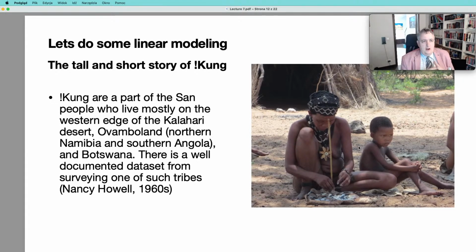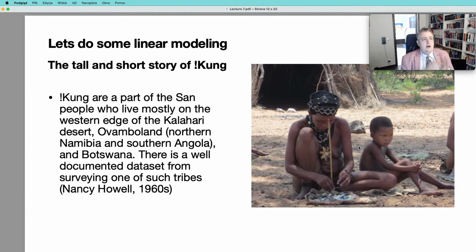Our example here will be modeling of people's height and the relationship of height and weight in people. So this is not something extremely complicated.